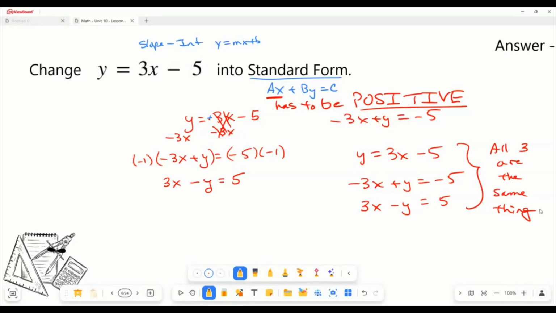All three of those are the exact same thing. In the first one, the y term is on the left, the x term is on the right. In the second one, both x and y terms are on the left, but the x term is negative. And in the final one, the x and y terms are on the same side, and now the x is positive.